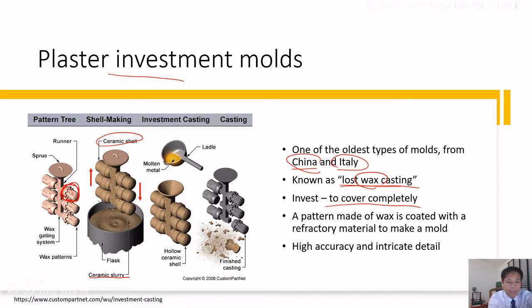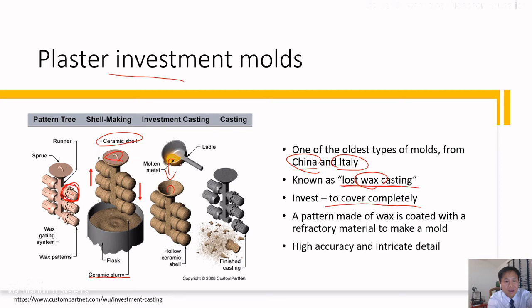And then after dipping it up and down, we create a thin shell around this object. This is a ceramic slurry shell, and then after that we take out the top like this, and then we pour the molten metal.